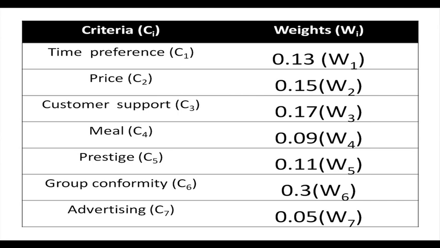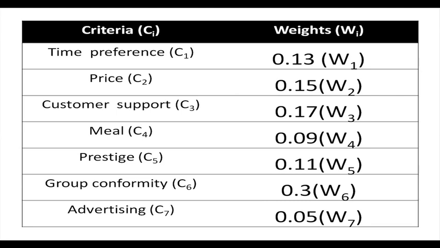Criteria 1 is time preference, criteria 2 is price, criteria 3 is customer support, criteria 4 is meal, criteria 5 is prestige, criteria 6 is group conformity, and criteria 7 is advertising.